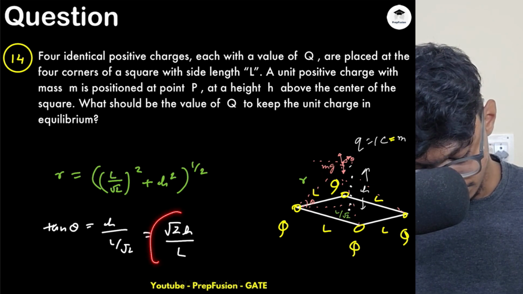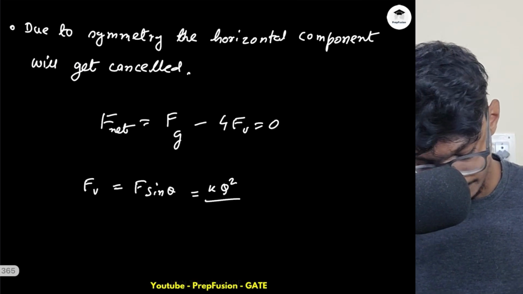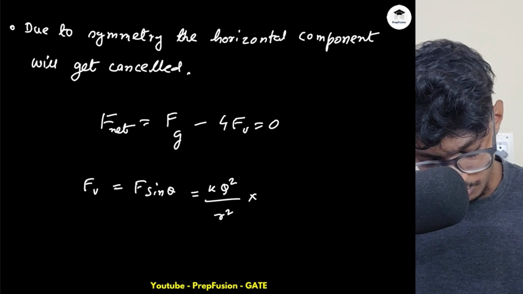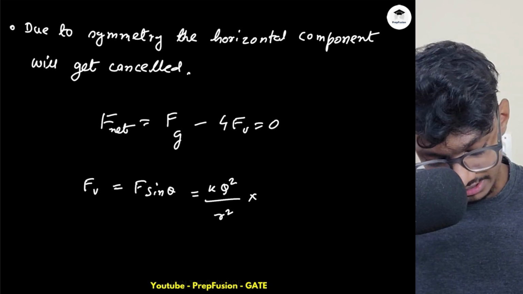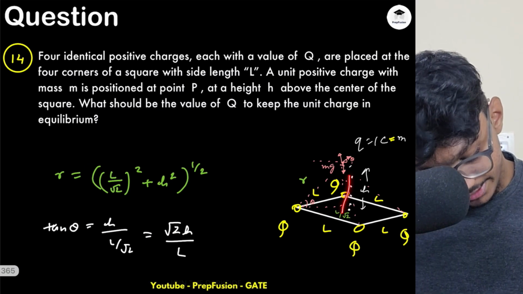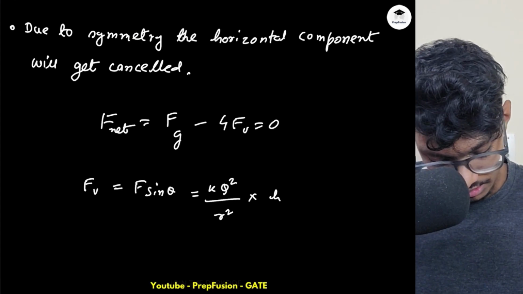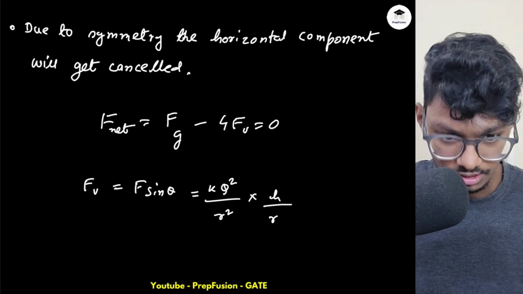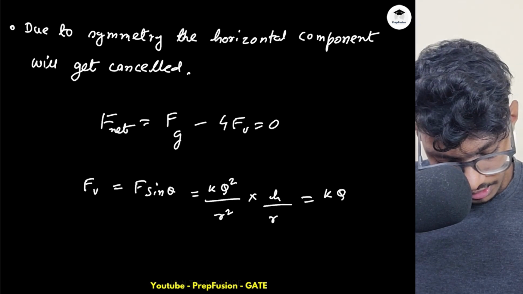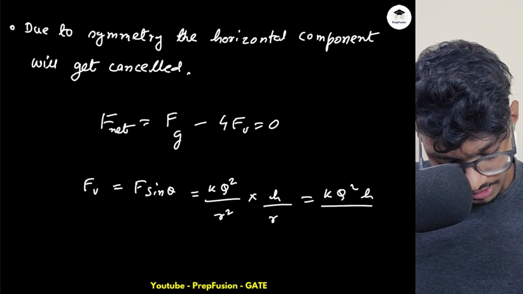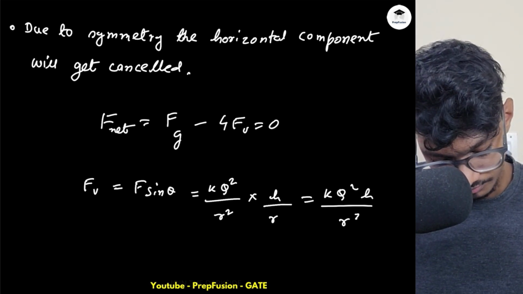R square is this. So I'll just write R square into sine theta. What is sine theta? Sine theta is actually height upon hypotenuse. So height is h upon r. Okay, this is sine theta. So this will be kq square h by r cube.